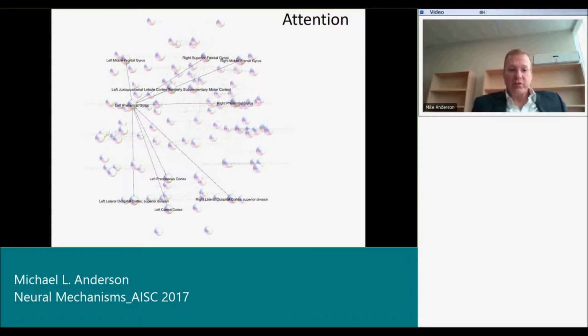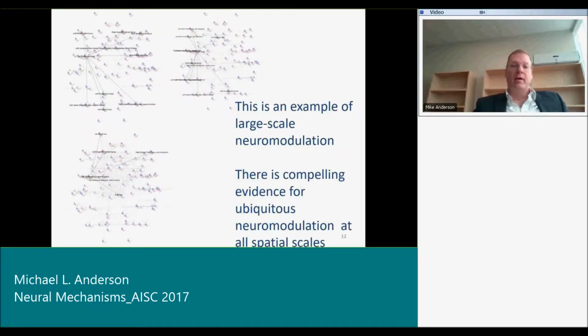And so the idea is, right, each part of the brain is involved in many different things, with a different set of partners under each condition. This is an example, as it says here, of large-scale neuromodulation. And one of the super important things we need to understand about brain function is that neuromodulation is ubiquitous in the brain, and it's ubiquitous at multiple spatial scales.